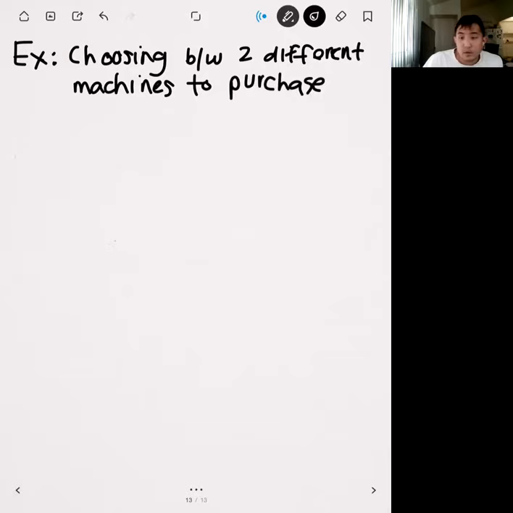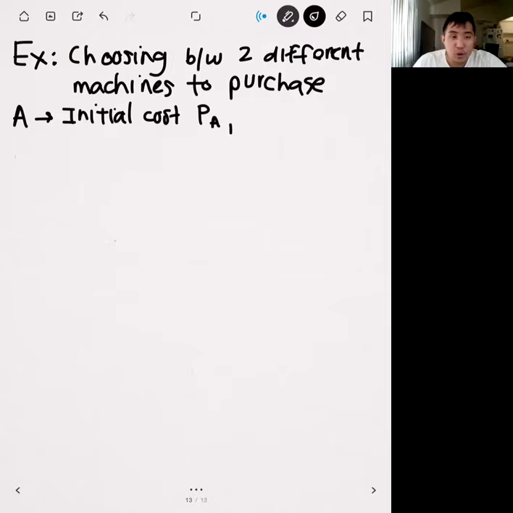Let's say that machine A has an initial cost, and just to avoid putting numbers here, I'll say the initial cost is PA.